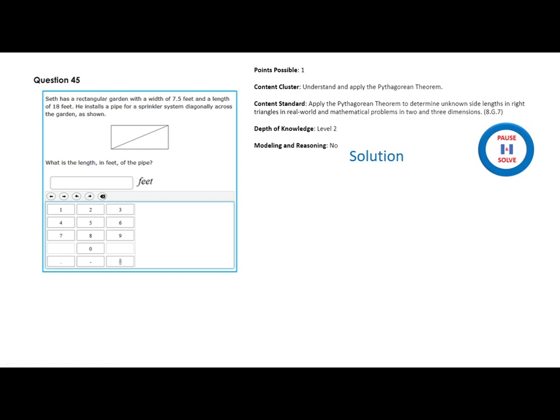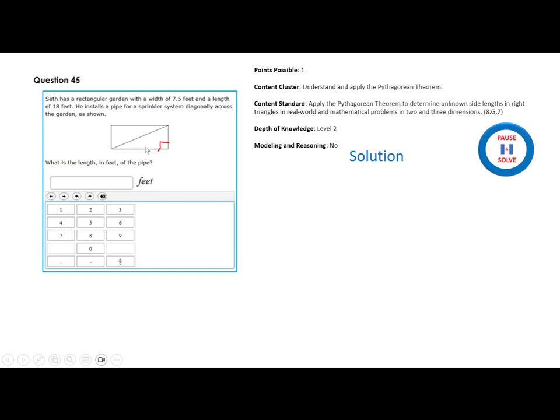Seth has a rectangular garden with a width of 7.5 feet and a length of 18 feet. He installs a pipe for a sprinkler system diagonally across the garden as shown. What is the length in feet of the pipe? Rectangular means this is a right angle right here.